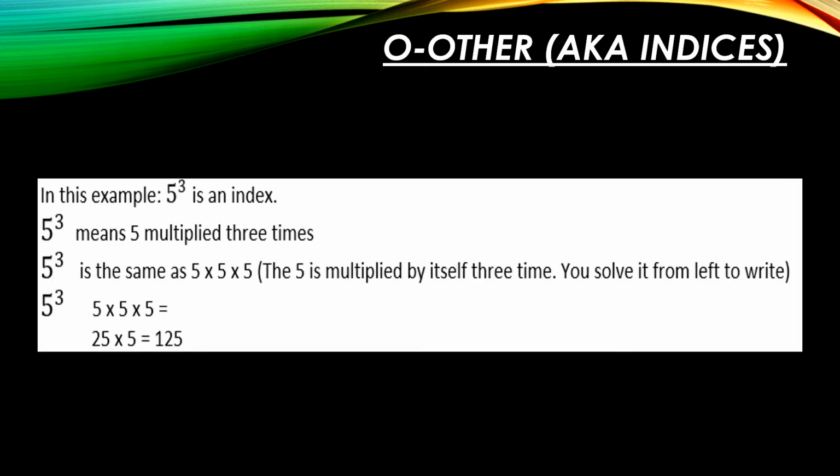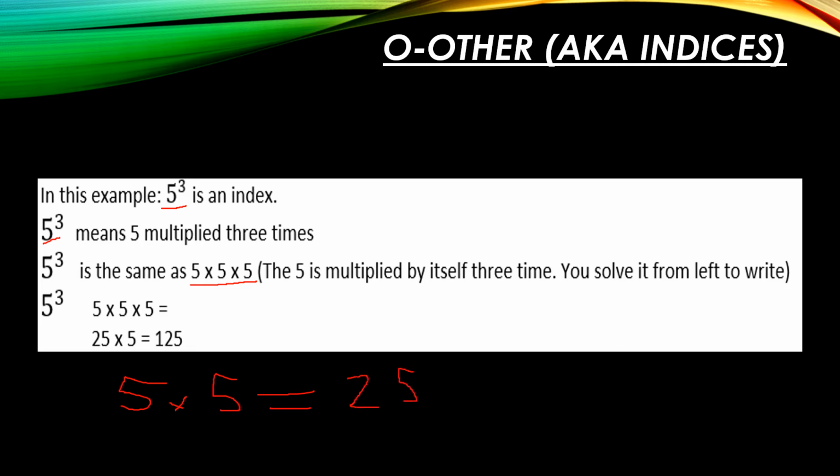In this example here, we're going to be doing 5 to the power of 3. Okay, 5 to the power of 3 means 5 multiplied 3 times. So this is the same as saying 5 times 5 times 5. So you're multiplying itself 3 times. So in this case, we already know if we did 5 times 5, we know that that equals 25.